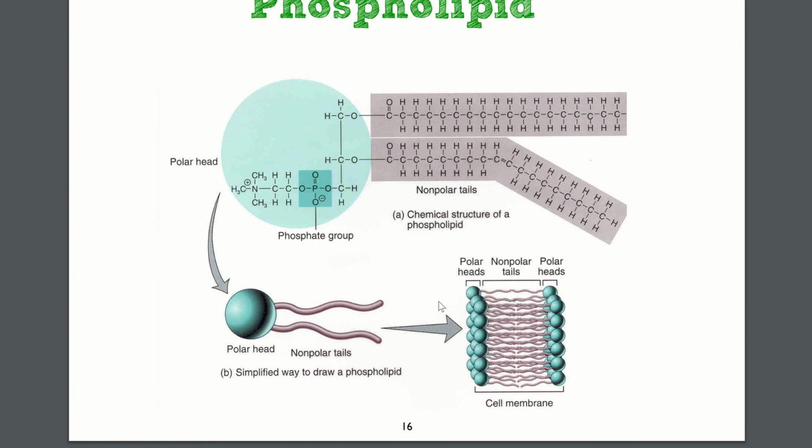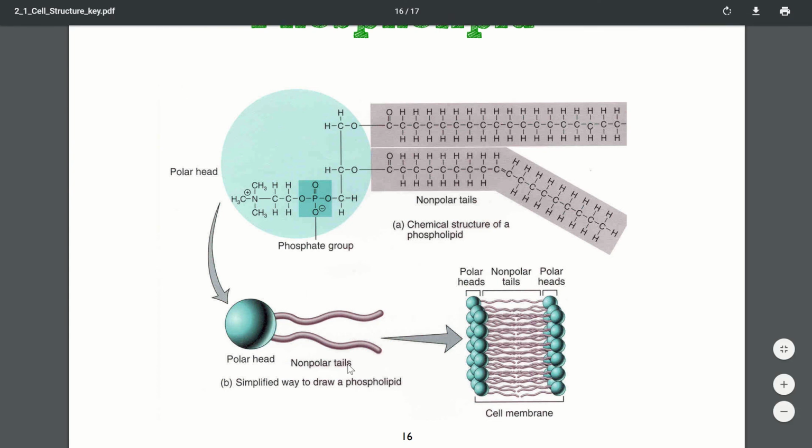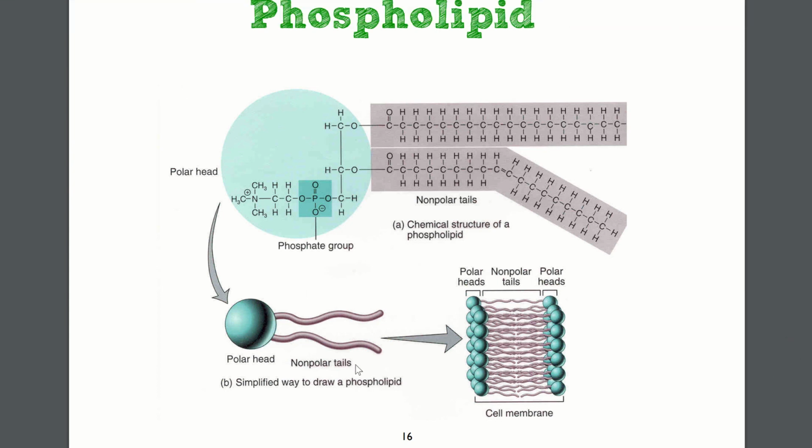So if you have water on this end of the membrane, the head would absorb it, but when it's in the middle of the membrane, it's going to be stopped by the nonpolar tails. Nonpolar doesn't like polar, therefore the tails are hydrophobic. They don't like water at all.